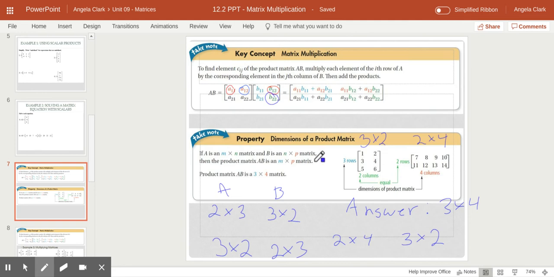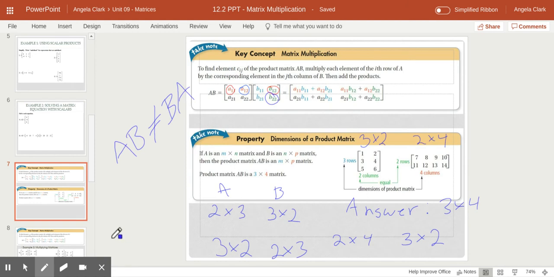Except in very notable situations where they are equal, but that's the exception. It's not the rule. In general, A times B is not going to equal B times A.